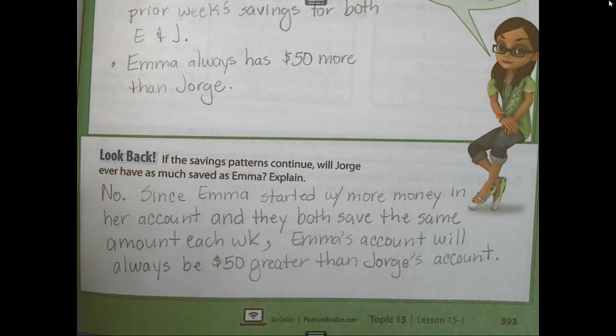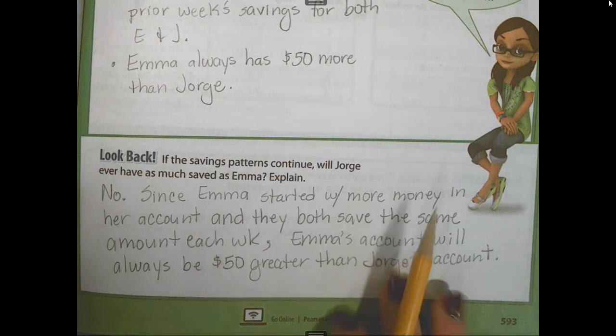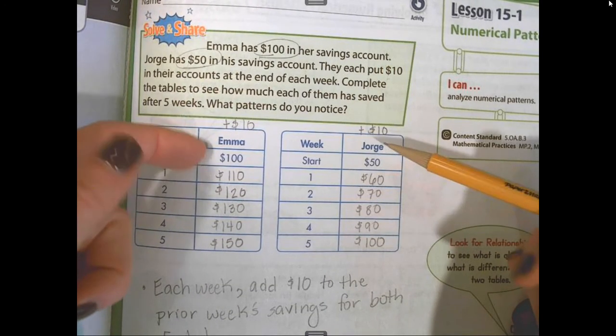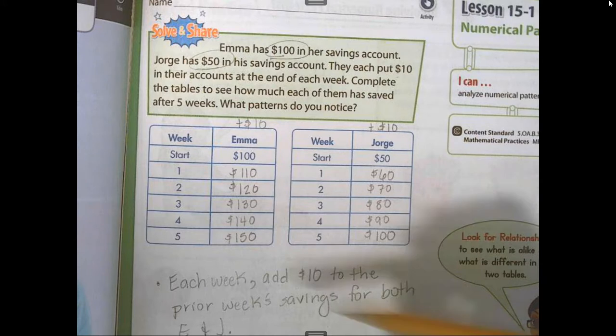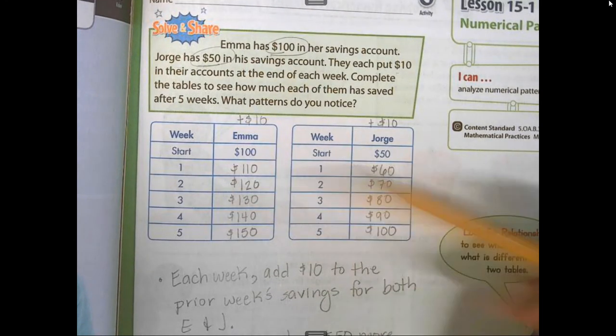All right, so pause this video. Make sure your book on page 593 is filled out. If you need to stop and rewind to make sure you understand how we work this problem, then make sure you do that, because what we just did was at the top of the page, we followed the scenario to create tables with patterns in them. Then we analyzed the numerical patterns that we had created in the tables.